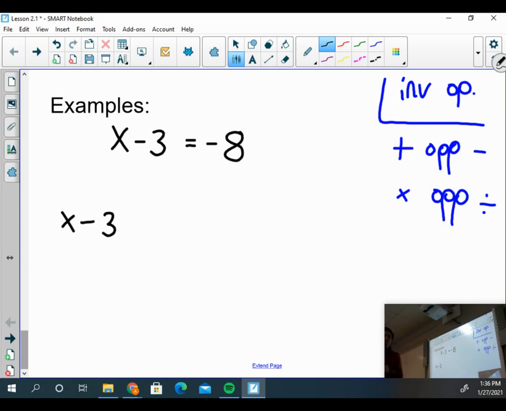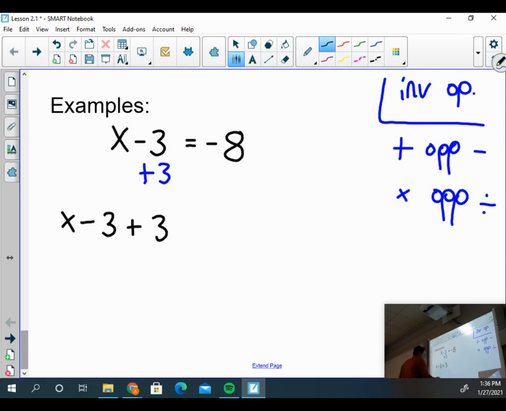Well, going back to inverse operations, we have a minus sign here. So we know it probably should be a plus. If I am taking away 3 apples, what would be the opposite of me taking away 3 apples? Well, it would be me adding 3 apples. So what am I going to do? I'm going to add 3 to this left side.